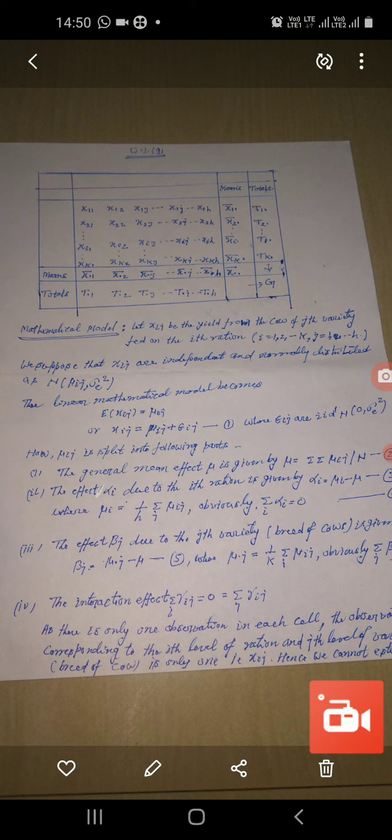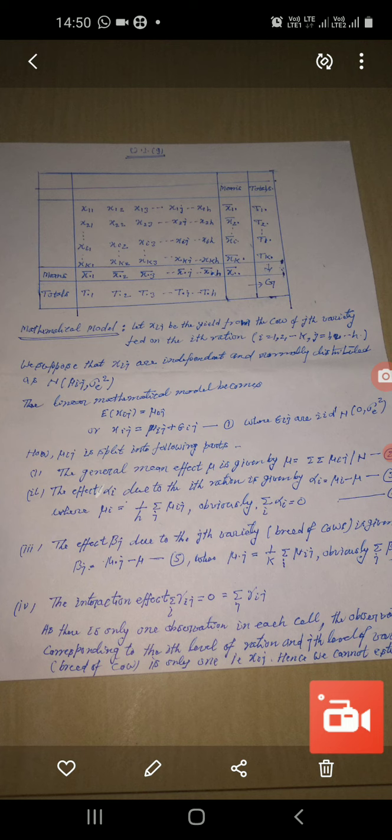Column-wise we have x dot 1 bar, x dot 2 bar, x dot 3 bar and so on, x dot j bar and so on, x dot h bar, and their corresponding totals are t dot 1, t dot 2, t dot 3 and so on, t dot j and so on, t dot h. By summing all these totals we get the grand total.